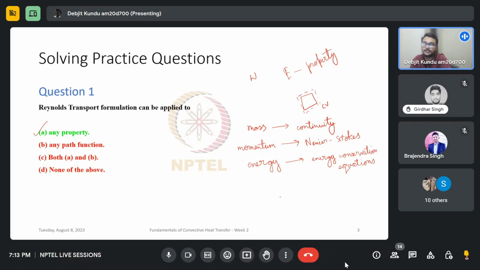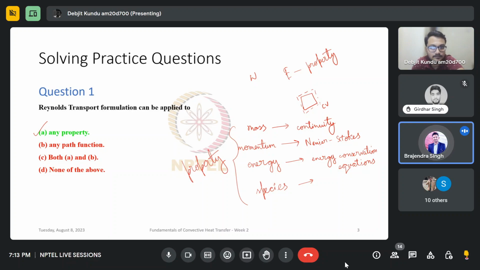It can be the concentration of certain species as well. You get the gist, right? Any kind of property, we can apply Reynolds transport theorem to it. Yes, anyone has any question?